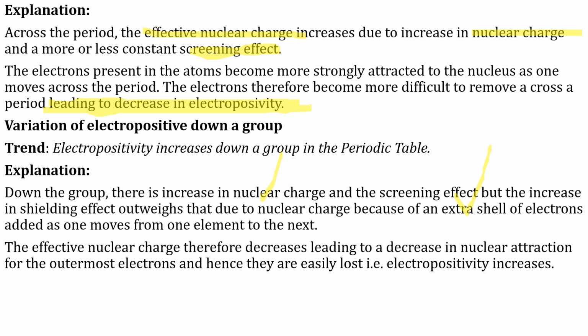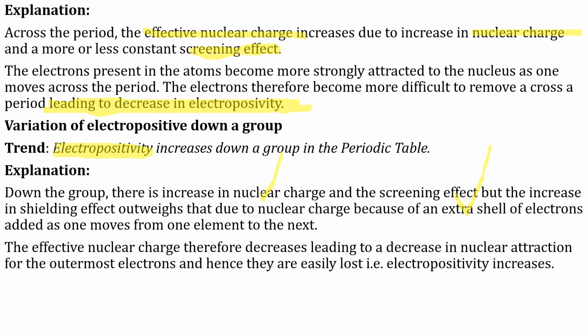And once effective nuclear charge decreases, the outermost electrons are going to be less attracted to the nucleus. That means that the tendency to lose electrons is going to be high. So we expect electropositivity to be increasing down the group, because electropositivity is the measure of the ease by which electrons are being lost from an atom.